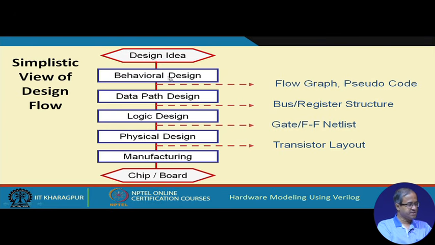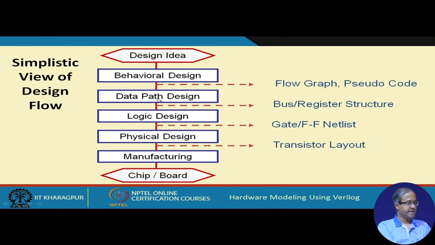In the first level of translation, we can convert the behavioral design into something called data path design, which is the so called register transfer level design, where the basic building blocks are buses, registers, multiplexers, adders and so on.